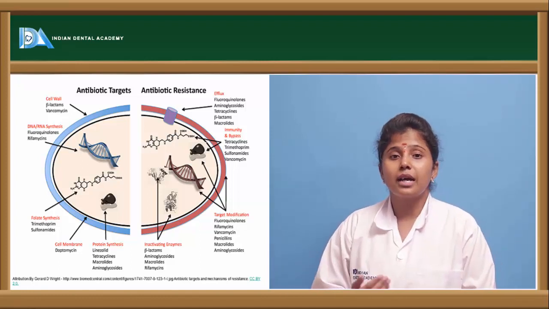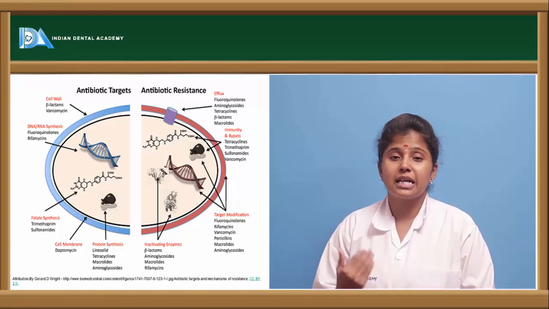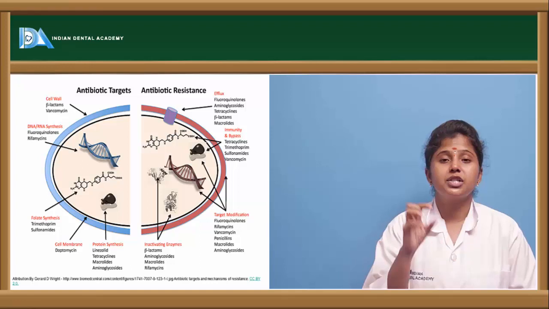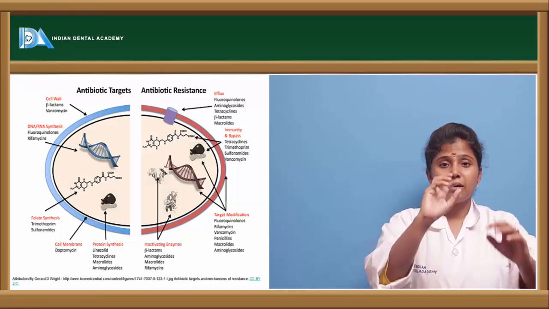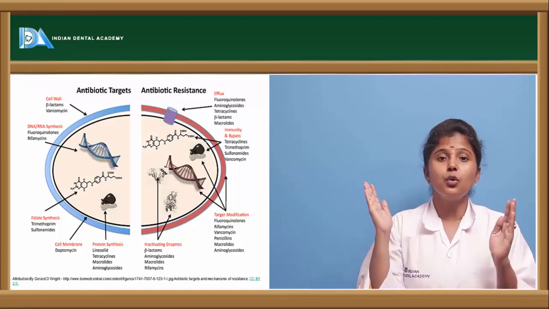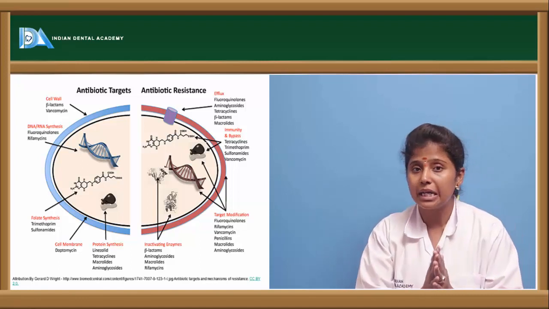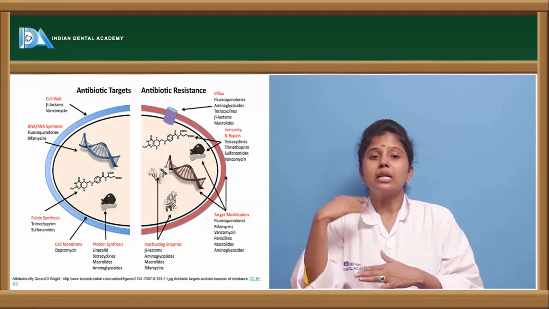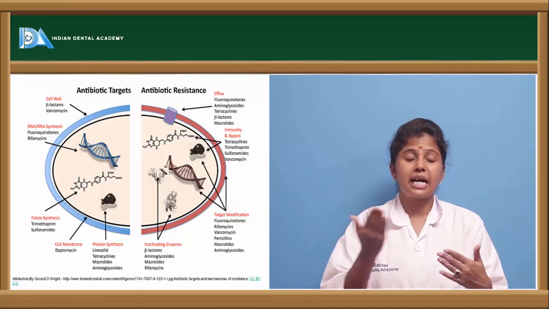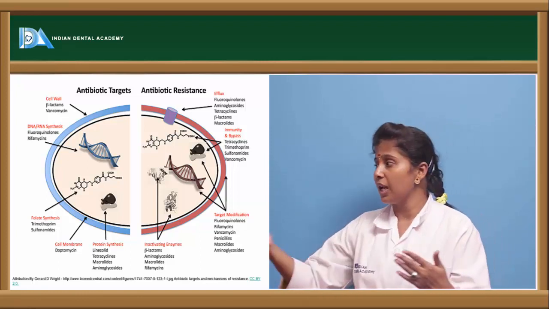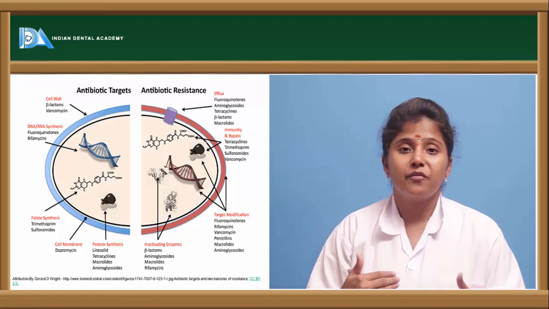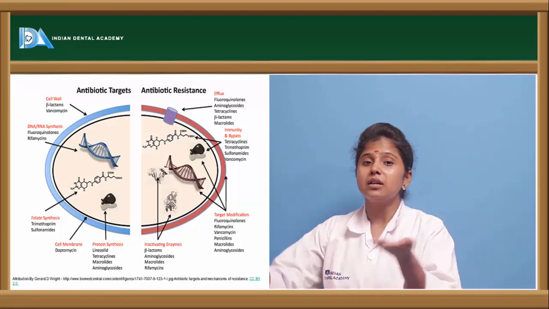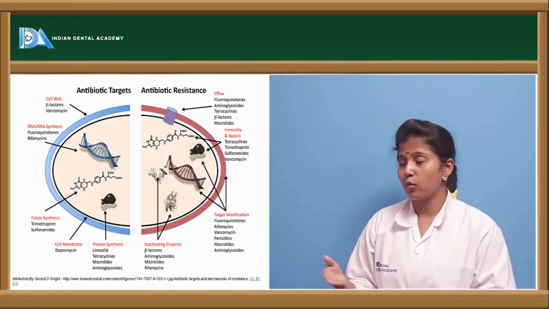So here they are developing resistance against the antibiotics, and there is target modification. In order to prevent the resistance of bacteria, we need to increase the concentration of these antibiotics, because the antibiotics efflux from the cell, and we need to produce antibiotics which show another route of inhibiting the cell wall synthesis.